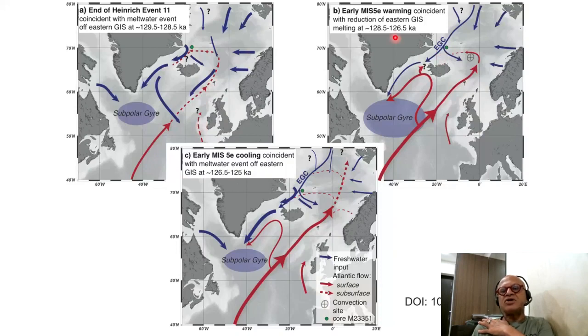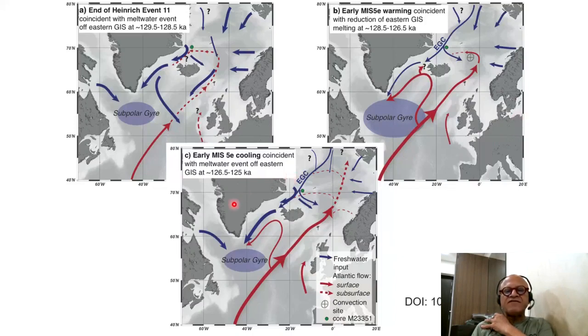And marine isotope stage 5e during 128.5 to 126.5 kiloyears had slightly different currents here, with a stronger East Greenland current, but you didn't have Heinrich events, so you don't have much southward drift of the icebergs, so you have stronger northward transport and different meridional overturning, which means different climates, different vegetation over here as well, different water resources, and so on and so forth.